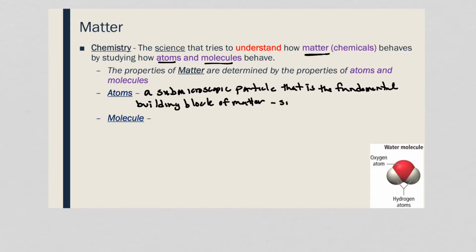Sometimes we refer to this as the smallest identifiable unit of an element. And remember, the elements we can find on the periodic table, and we'll dive into elements on a more detailed level in a chapter a little bit further down the road.